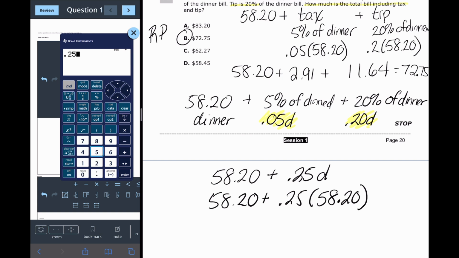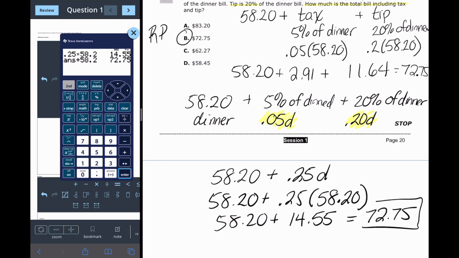So 0.25 times 58.20. So 58.20 plus 14.55. And that would also give you, when you add them up together, 72.75. Same answer.